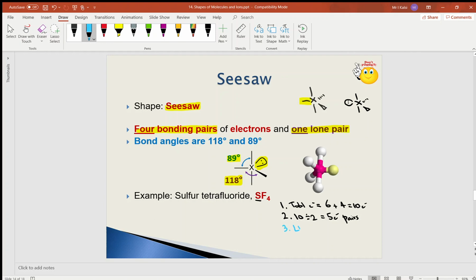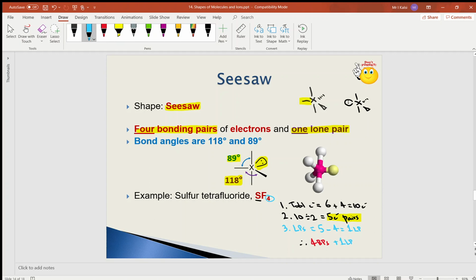So lone pairs equals this answer here, 5, take away the number of atoms around the center, which is 4. That gives us 1 lone pair. Therefore, the conclusion we make from here is, out of our 5 electron pairs, we've got 4 bonding pairs, and we have 1 lone pair.